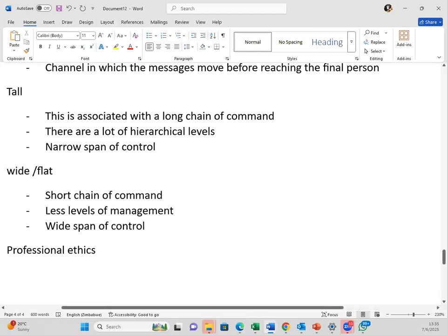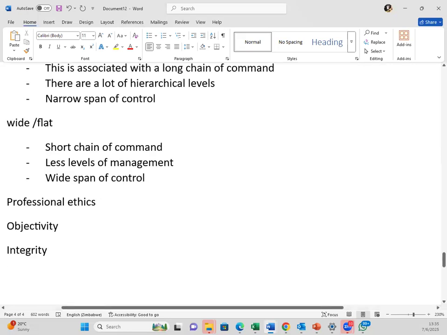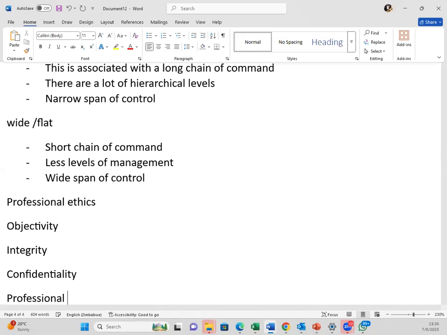So for professional ethics, we are supposed to be guided by objectivity. We are supposed to be governed by objectivity, integrity, besides integrity, confidentiality, and professional competence.